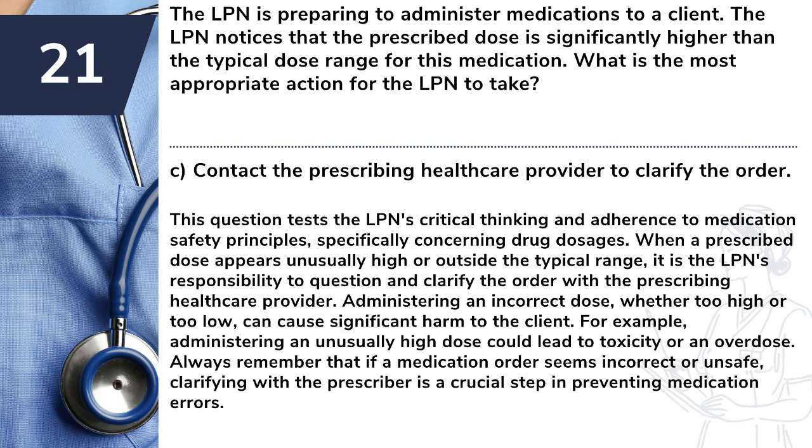Administering an incorrect dose, whether too high or too low, can cause significant harm to the client. For example, administering an unusually high dose could lead to toxicity or an overdose. Always remember that if a medication order seems incorrect or unsafe, clarifying with the prescriber is a crucial step in preventing medication errors.